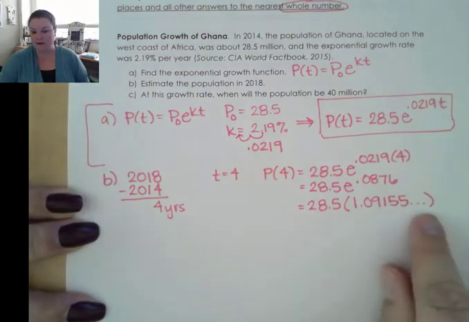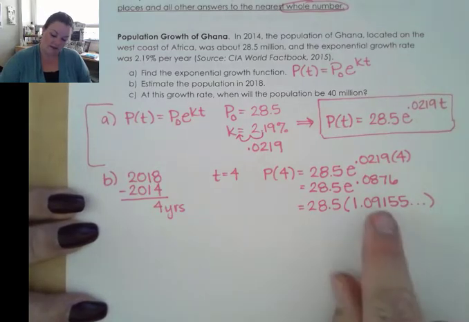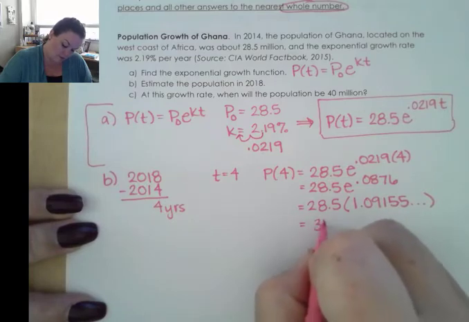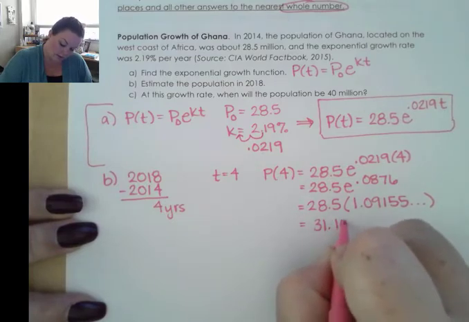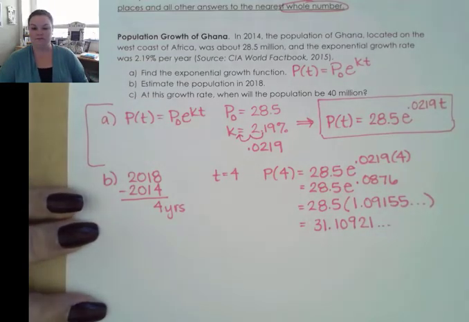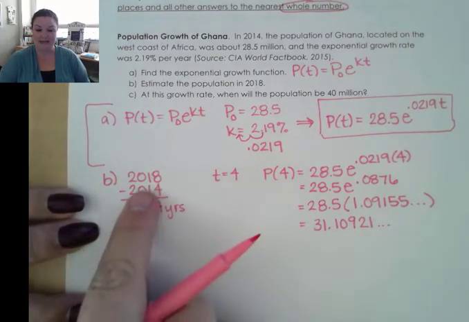Okay, I'm not going to write it all out, but make sure you leave all the decimal places in your calculator till the very end. Then I multiply these two numbers together, which gives me 31.10921 and some more stuff, right? So this is what I'm ending up with for my population in 2018.